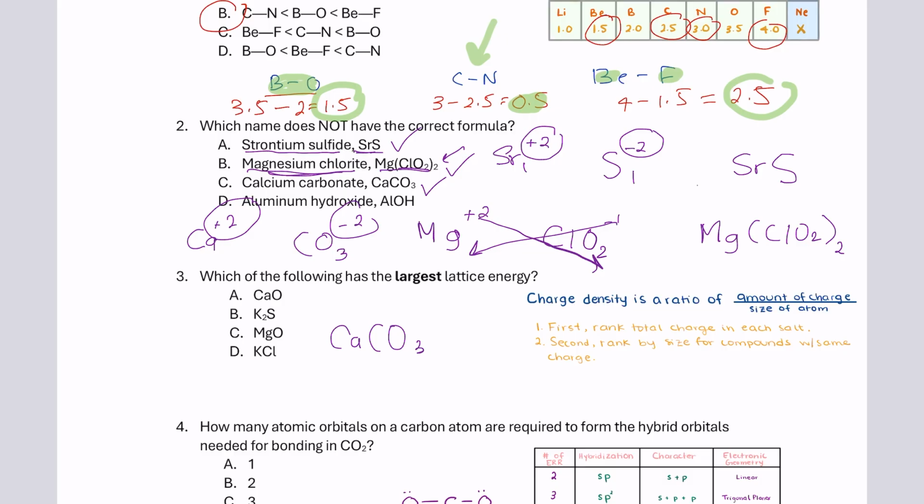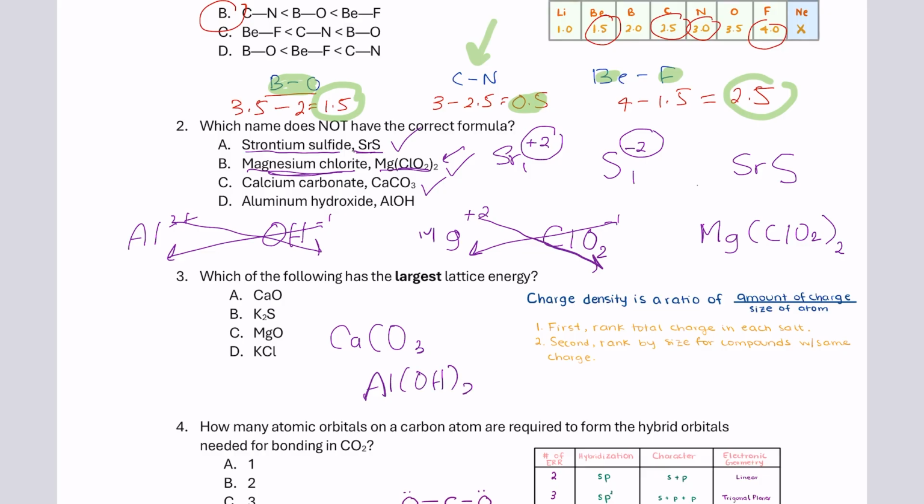Finally, in answer choice D, we have aluminum hydroxide. Aluminum has a +3 charge, and hydroxide is actually a polyatomic ion with a -1 charge. When we crisscross these charges to get the ratio, we're going to have aluminum 1, which we're not going to explicitly write, and then OH3.